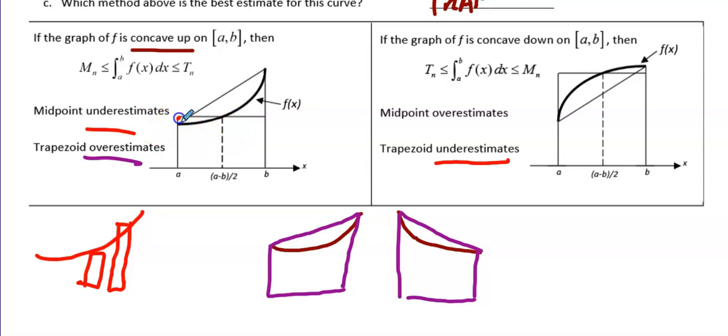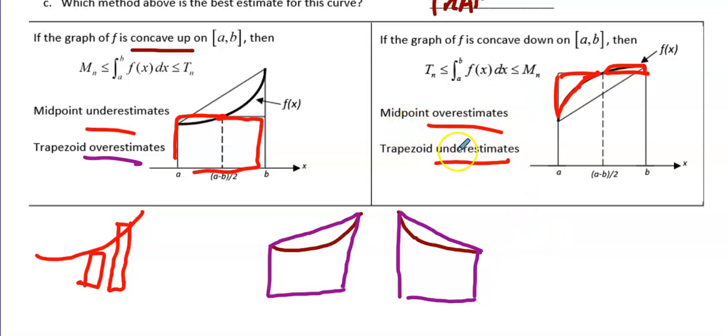You can kind of see that right here too. If I'm literally in the middle, then the area that is here is going to be a lot less than the area that's right here. On the flip side, if I'm midway to it, this area here is going to be much bigger than this area right here. So it's going to be an overestimate.